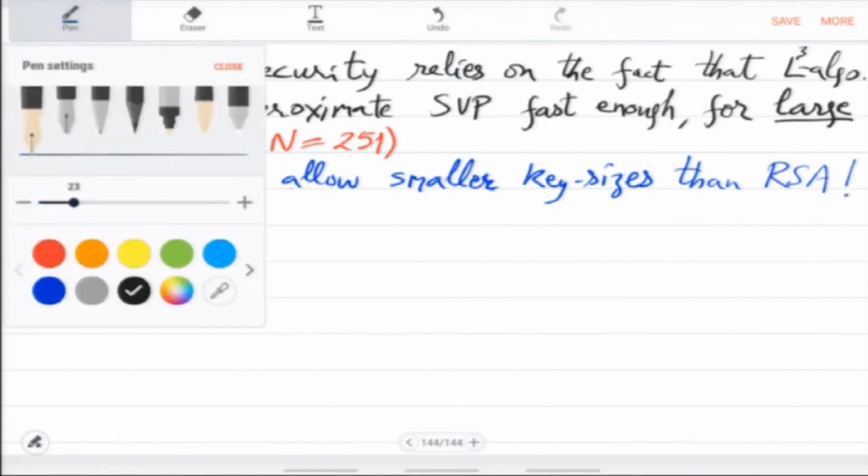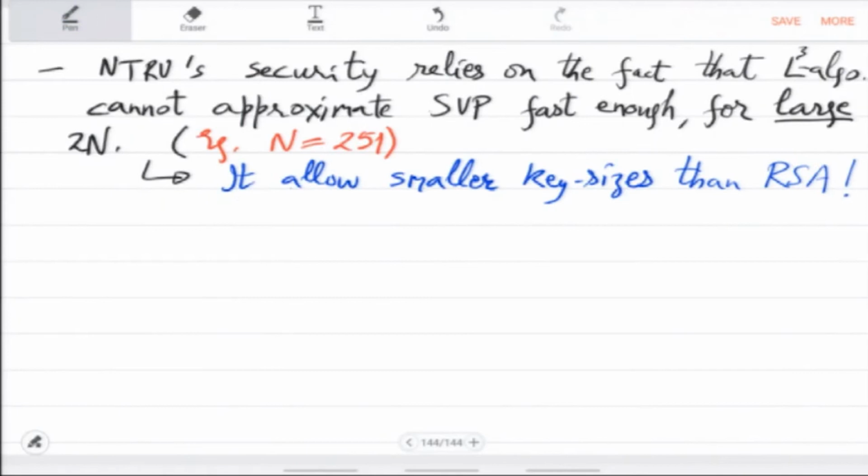To get the same level of security, RSA would require thousands of bits, but here you can do it in 200, 300, 400 bits. Okay, so the key sizes will also be small. So there are many advantages in this system. Let us quickly go through the public key, private key, encryption and decryption.